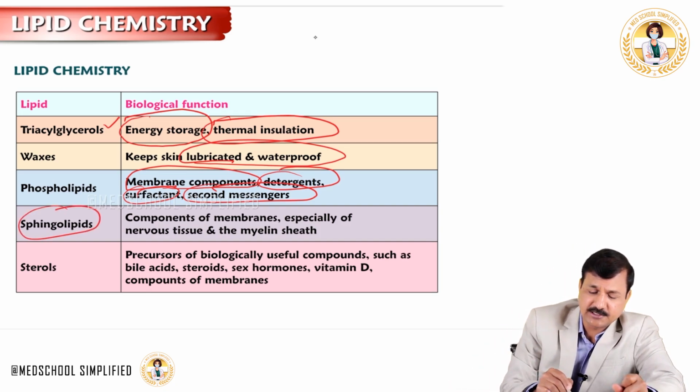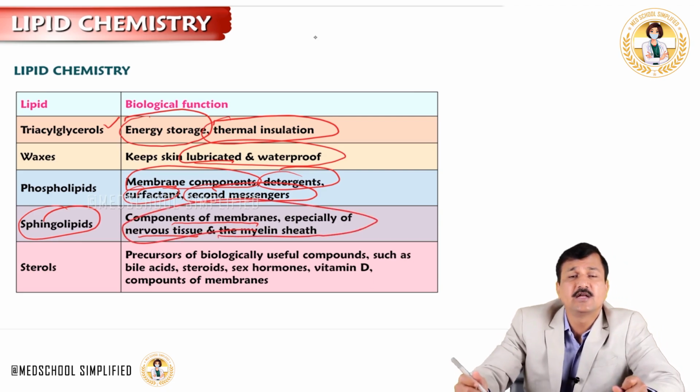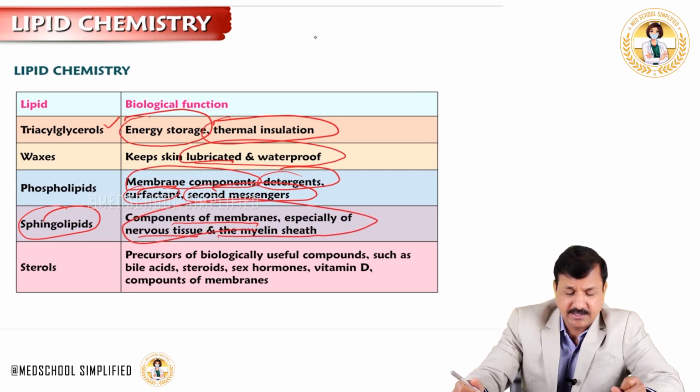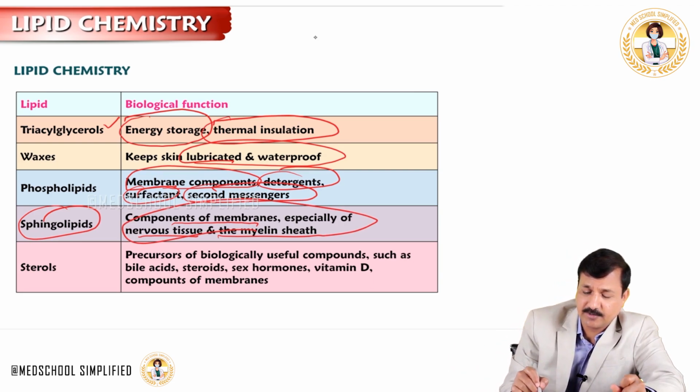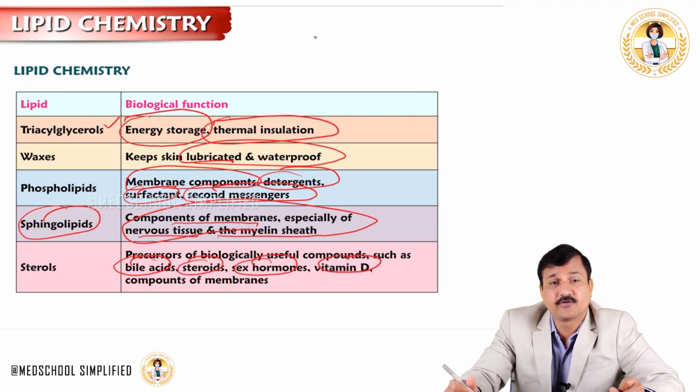Then sphingolipids. Sphingolipids are also components of our cell membrane, especially in the nervous tissue and myelin sheath. And then sterols. Sterols are biologically useful compounds such as bile acids, steroid hormones, sex hormones, vitamin D, and sterols can also be part of our cell membrane.